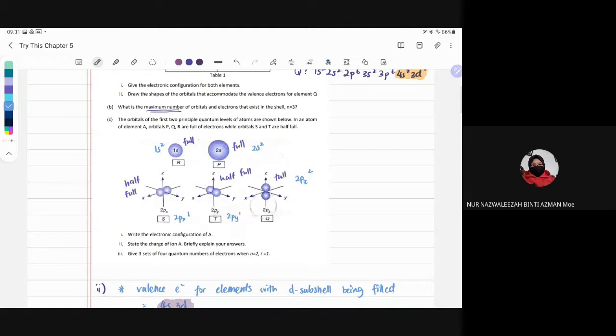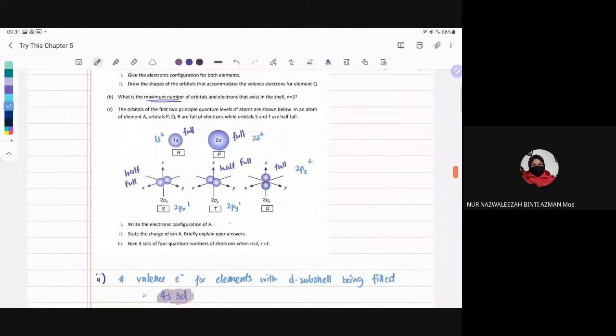Jadi kita tengok p orbital dia semua ada 1, 2, 3, 4. Jadi electronic configuration dia adalah kita susun ikut susunan 1s2, 2s2, 2p, 1, 2, 3. Dalam ni ada 2, dalam ni ada 1, ada 1. 2p4. That would be the electron configuration.